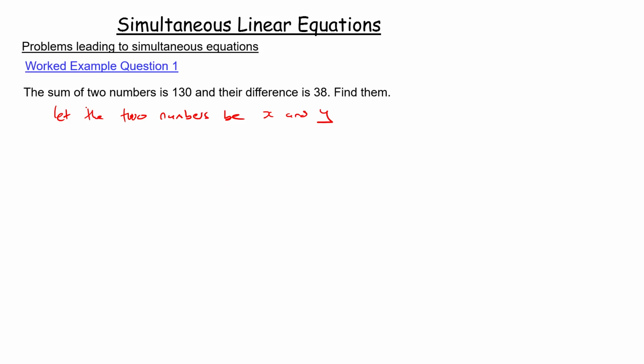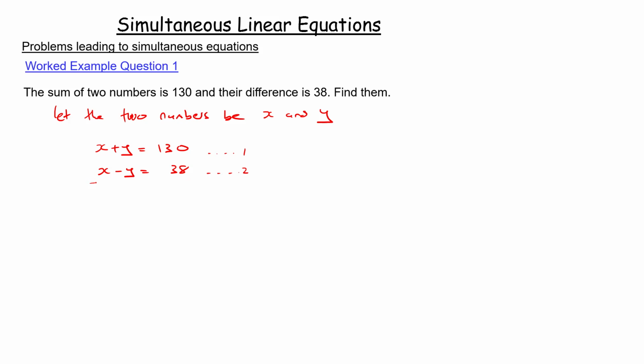Okay, so that means the sum of the numbers is 130, so x add y is equal to 130, and then the difference of them is 38. So sum we add, difference we take away, and look at that, we've got two equations with our two unknowns, equation 1 and equation 2.